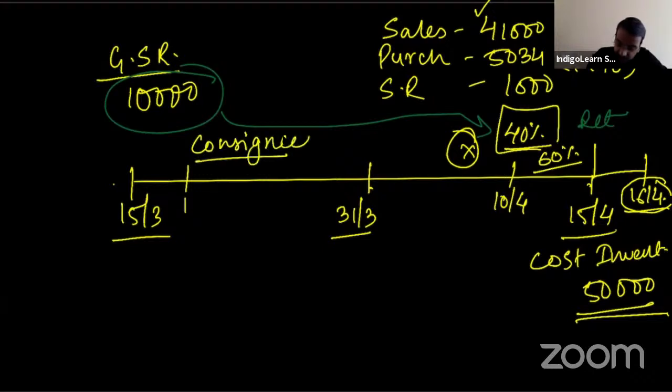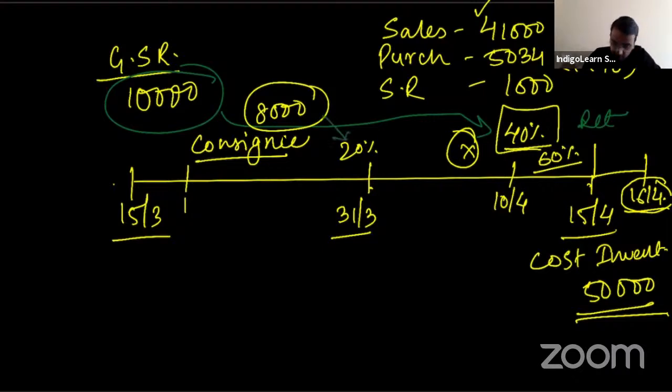As a consignee, he got goods worth 8,000 on sale on consignment basis. Now out of this 8,000, 20% were sold by this date and another 50% by 15th of April.